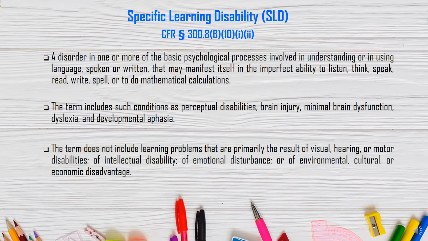The term includes such conditions as perceptual disability, that is, how what is seen and heard is perceived, brain injury, minimal brain dysfunction, developmental aphasia, which are conditions following a stroke or an injury, as well as progressively developed neurological disease. But please note, SLD does not include learning problems that are primarily the result of visual, hearing, or motor disabilities and the like, as these students may not have the deficit of psychological processing.